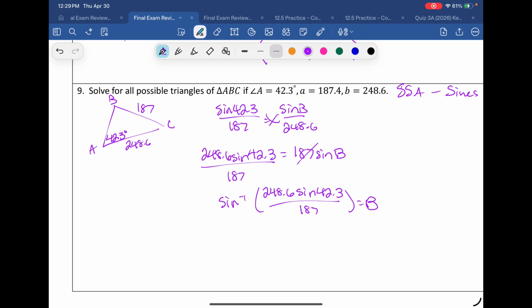I'm just going to do it over here on my handheld. 248.6 sine 42.3 divided by 187. So B is 63.471 degrees. So C would be 180 minus the original minus B.